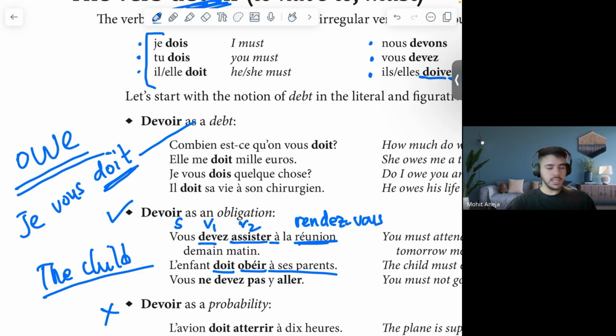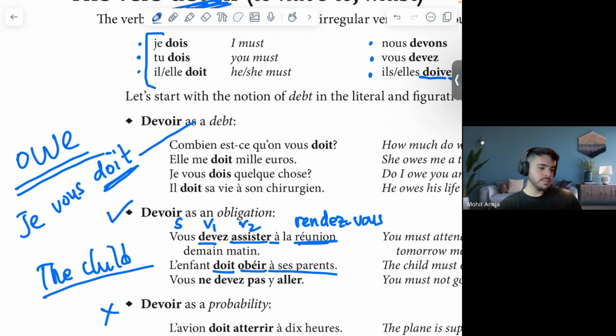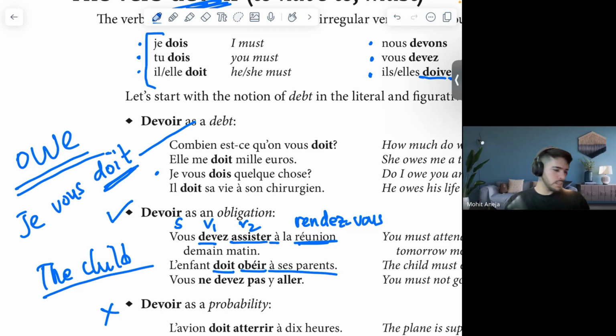Is this usage clear? Here, look: je vous dois quelque chose. Hussein, can you ask Desika if you owe her something? What does this sentence mean? Je vous dois dix dollars, Desika. Okay, yes, that's correct as well. You told her that. Can you ask her, je vous dois quelque chose, do I owe you something, do I owe you anything? Say this sentence, je vous dois quelque chose. This third sentence, devoir as a debt.